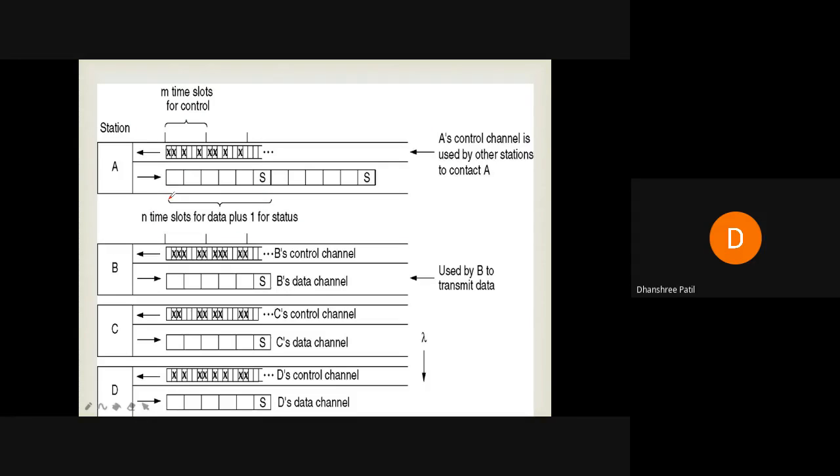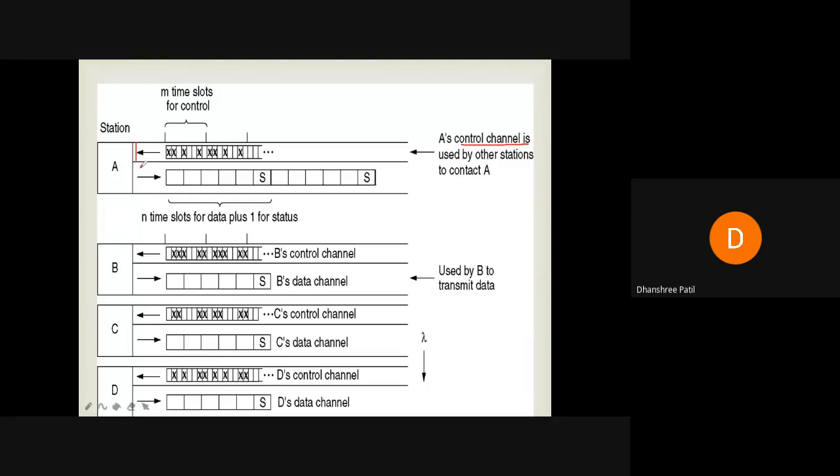The first one is used as a control channel. You can see here, every station's narrow section is used for the control channel. Narrow section means the smaller section is used for control, the control channel, and the broad section is used as a data channel.